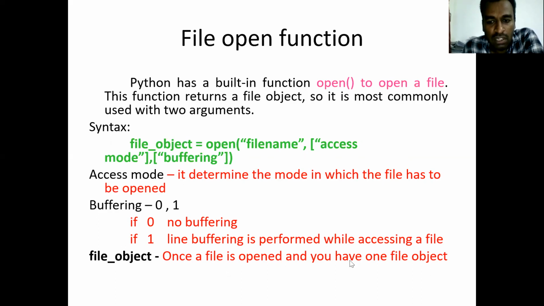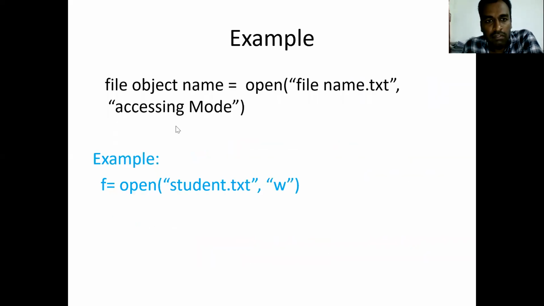Next one, file object. Once a file is open, you have to have one file object. That means if you want to open a file, you definitely have to give the file object, which file you have to open. The example of this file open is f equal to open of student.txt, w. We already discussed the open method.